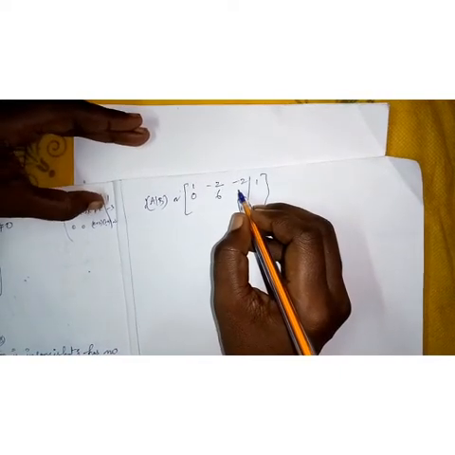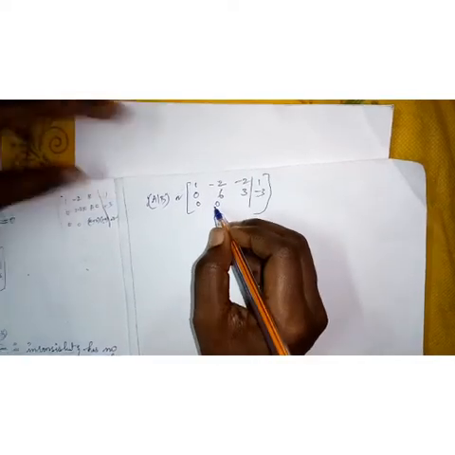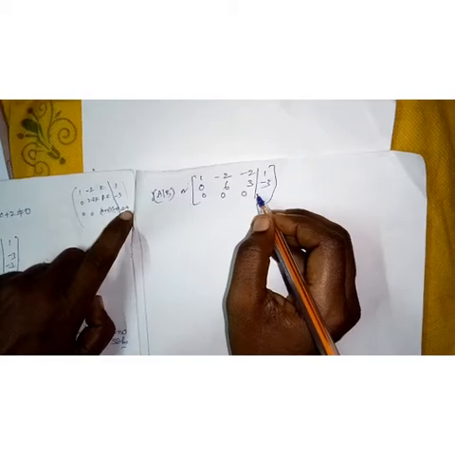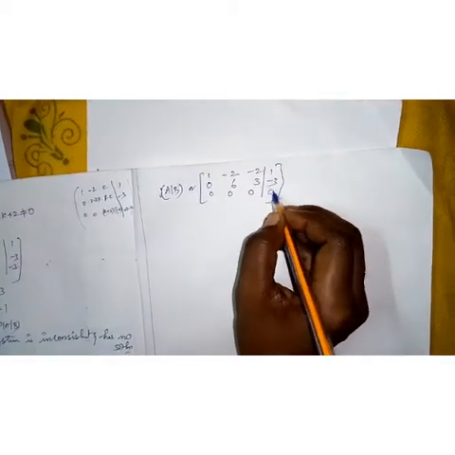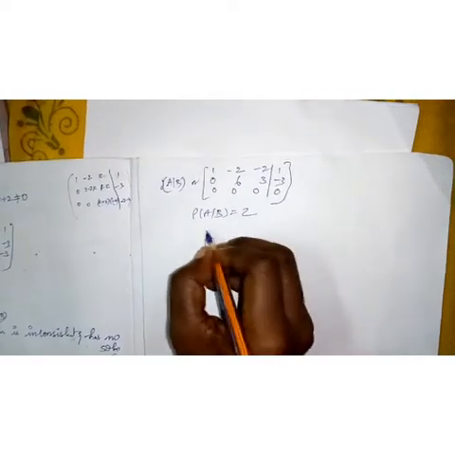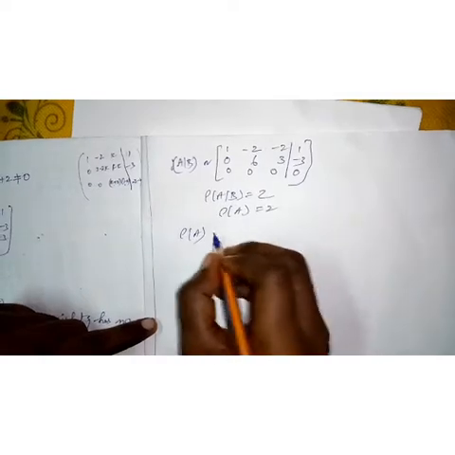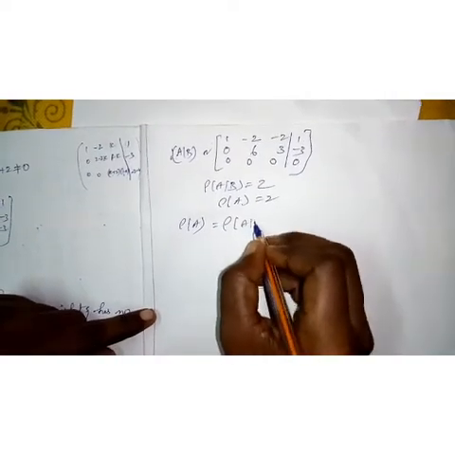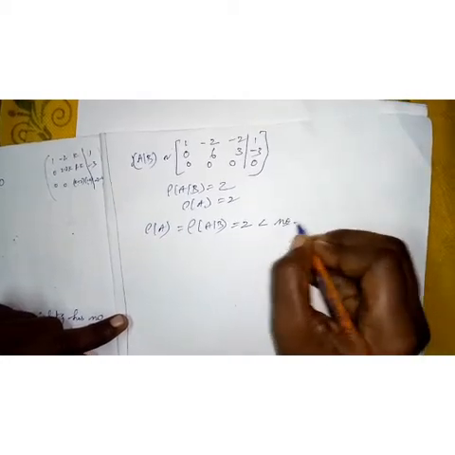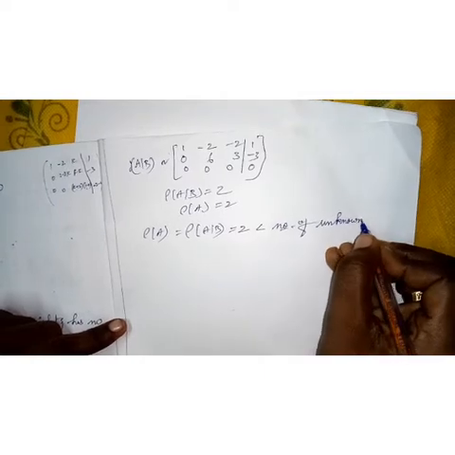2 minus 2 plus 2, it's a 3. Then minus 3. 0, 0, minus 2, 0. Minus 2 plus 2 minus 2 is 0. That is rank of A bar b equal to 2, rank of A equal to 2. That is rank of A equal to rank of the augmented matrix equal to 2, which is less than the number of unknowns.